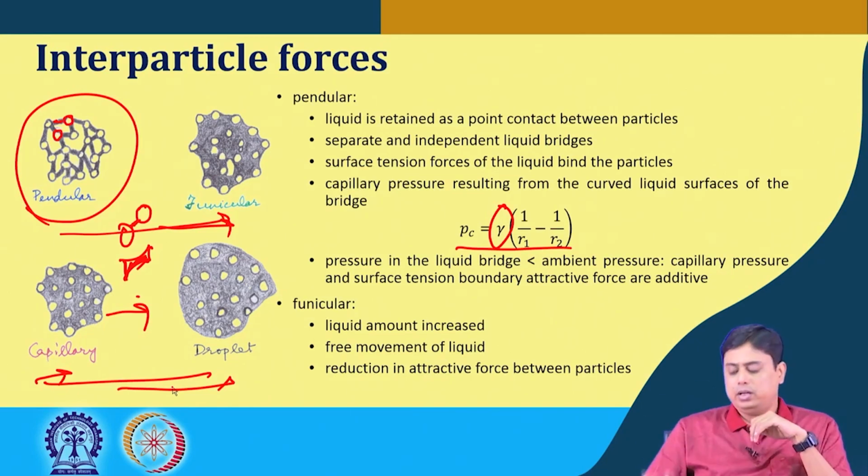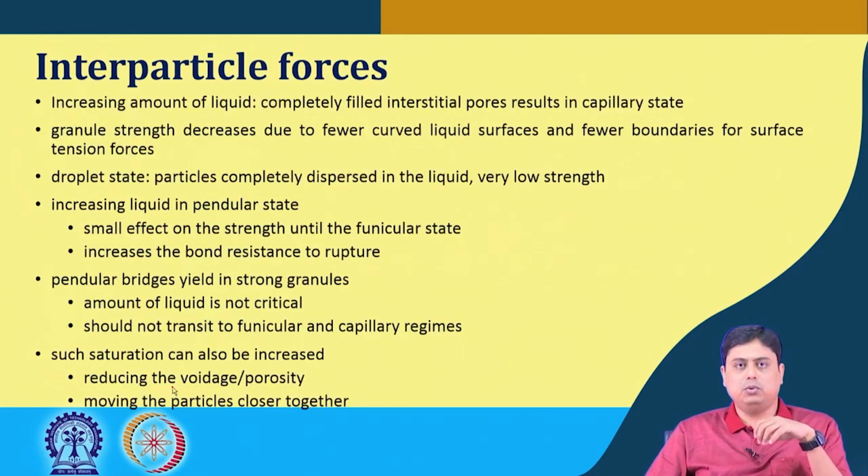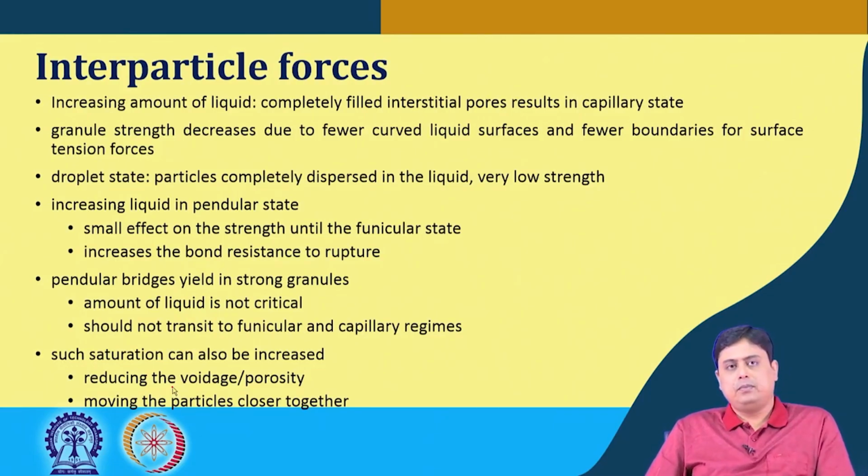That is the amount of liquid present in the pores of the particles, the interparticle pores. As we increase the amount of liquid, it completely fills the interstitial pores, resulting in the capillary state. The granule strength decreases because there are now fewer curved surfaces; the capillary pressure and these fewer boundaries were responsible for the surface tension forces.